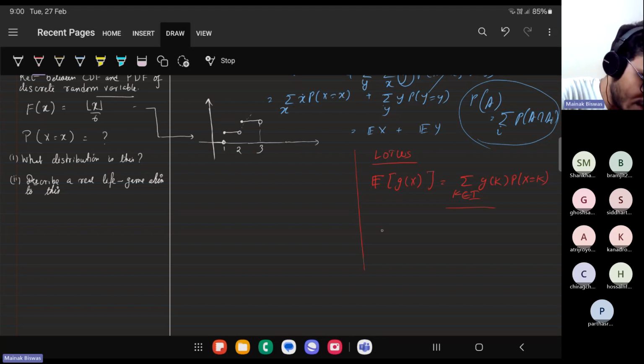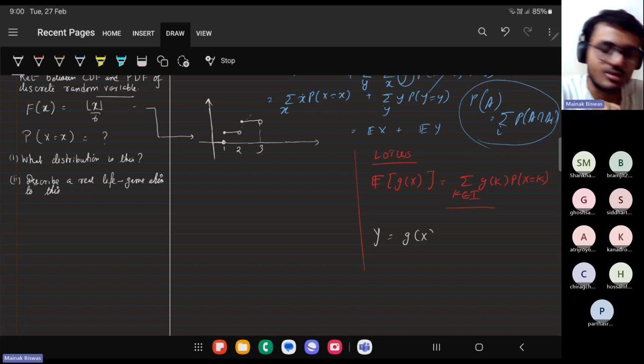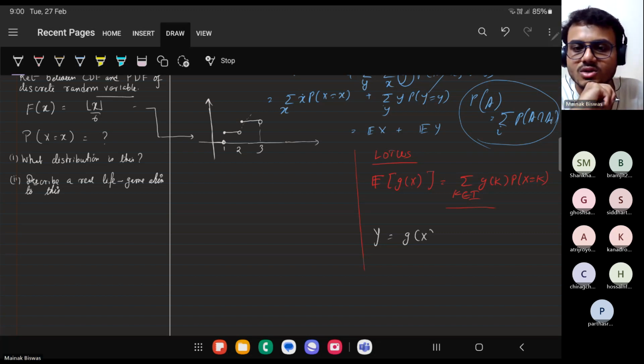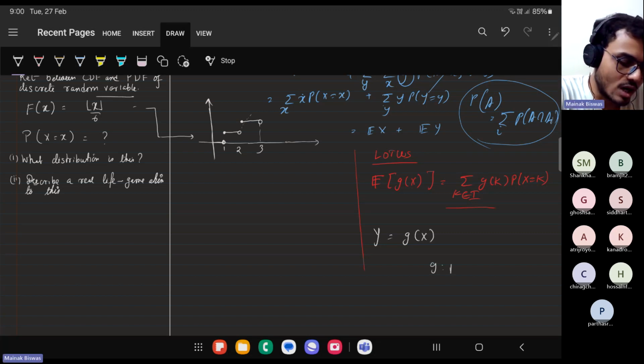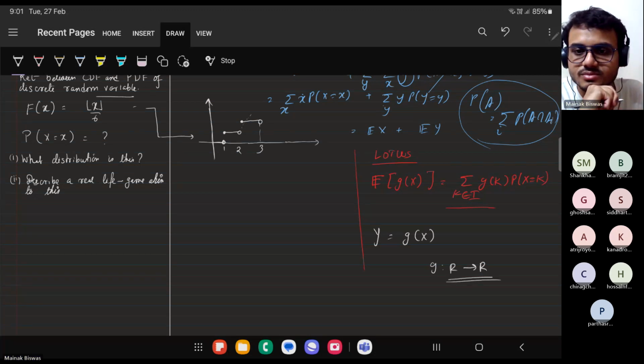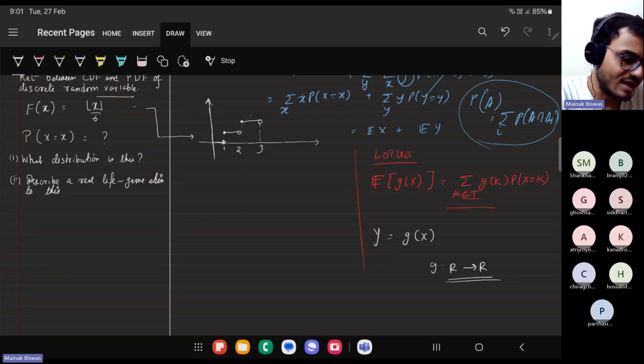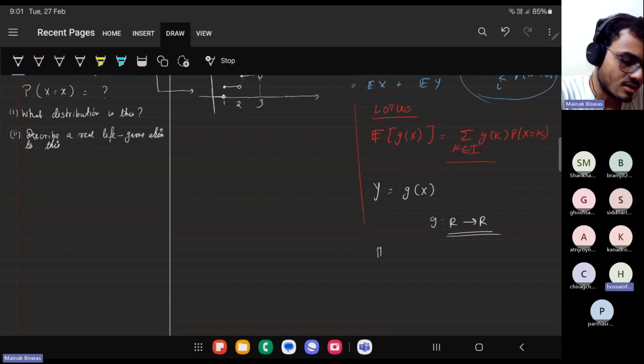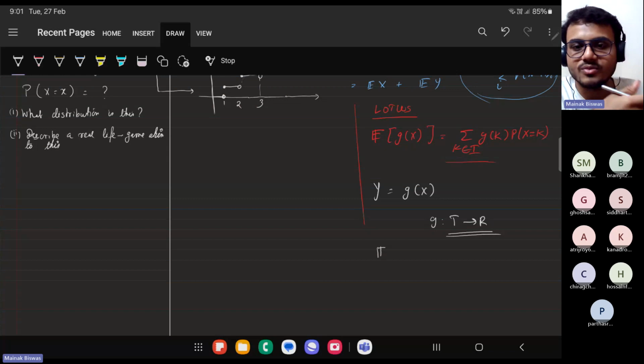So whenever this type of thing is given to you, you have to write it this way. Y is equal to, say, g of X. Do you agree? The g is a function that maps from R to R. Okay, it's a normal function. So expected value of g(X) over I to R, most probably. Here it is I to R, but in general it can be R to R also.